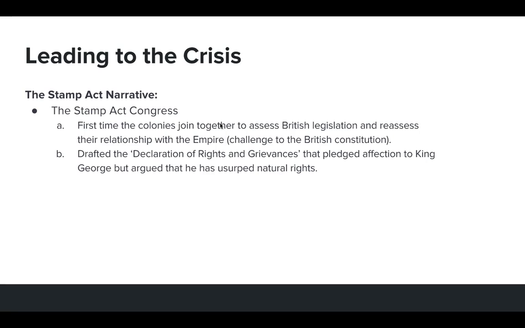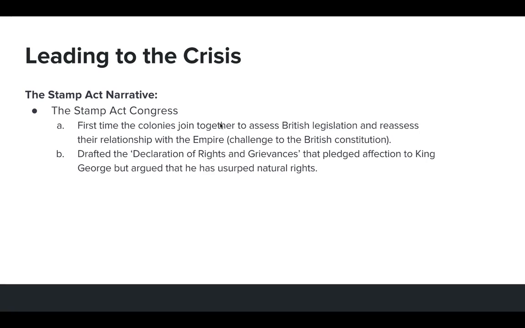And that should start ringing alarm bells for the idea of republicanism. This is what republicanism is encouraging, the idea that we pledge our loyalty to King George insofar as he makes sure that he's not going to become a tyrant and we retain our natural rights.